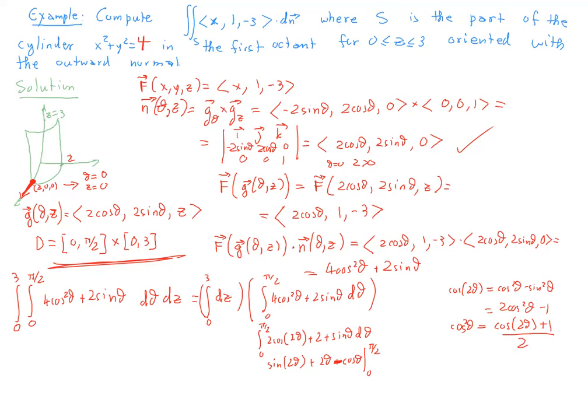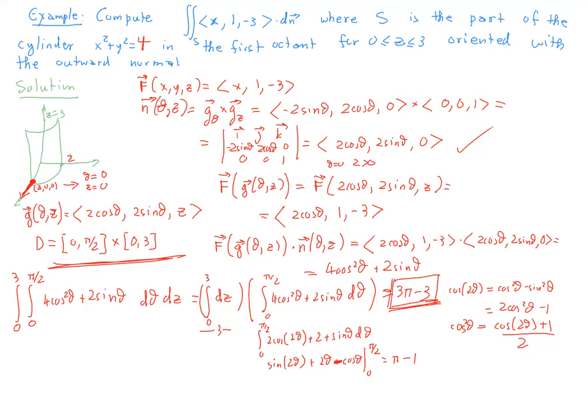For 2 theta, you get pi. And finally, for cosine of theta, cosine of pi over 2 is 0, cosine of 0 is 1, so you would get minus 1. Okay, so you need to multiply this by this integral, which is 3, so the whole thing is going to end up being 3 pi minus 3, which is our final answer.